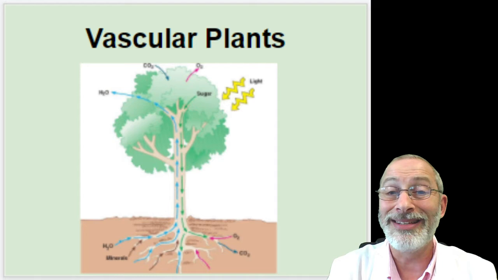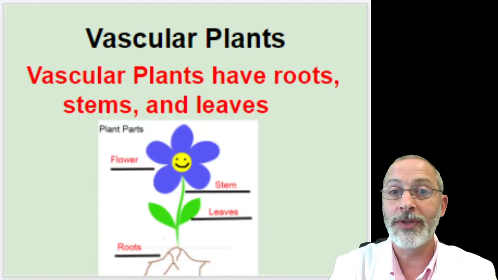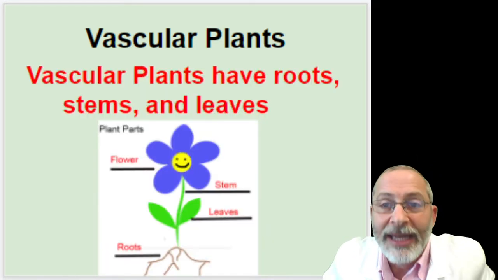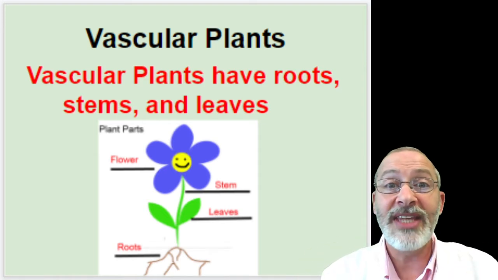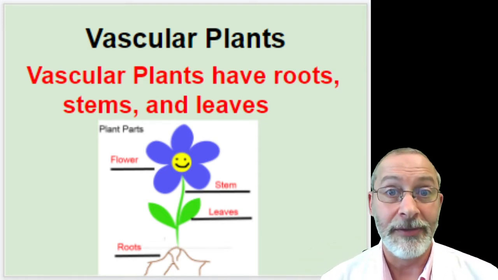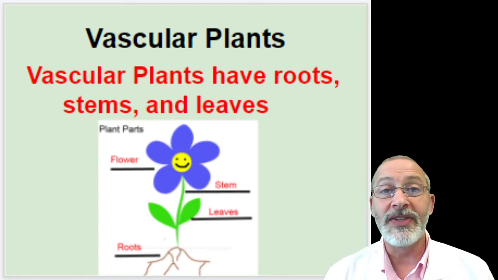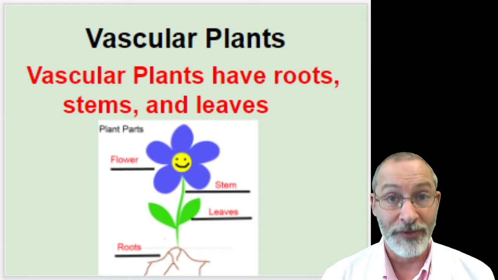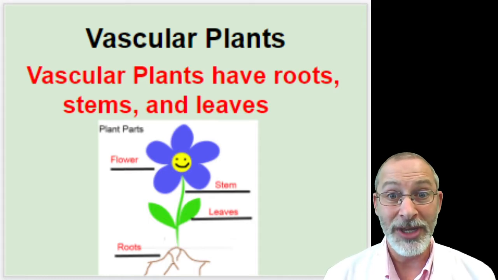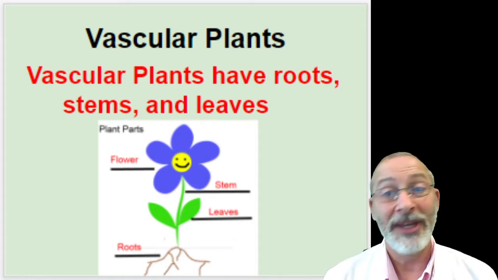And then we'll talk in detail about three main parts. Vascular plants have true roots, stems, and leaves. So as you're writing this down, you can probably guess what the three main parts of our notes today are going to be: roots, stems, and leaves.